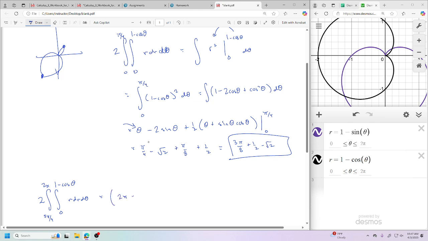So 2 pi, I'm looking right here. That would be a 0 at 2 pi, minus, plugging in now 5 pi over 4. That would be a square root 2 over 2, but negative.